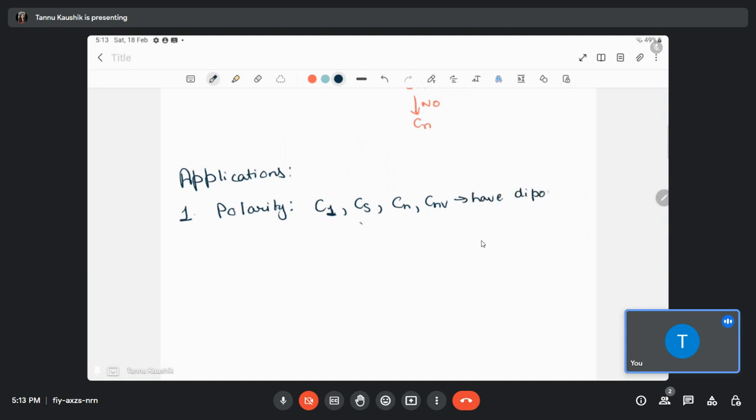All other point groups have zero dipole moment, therefore they are non-polar. And in these two cases, the dipole moment will be along the principal axis of rotation.